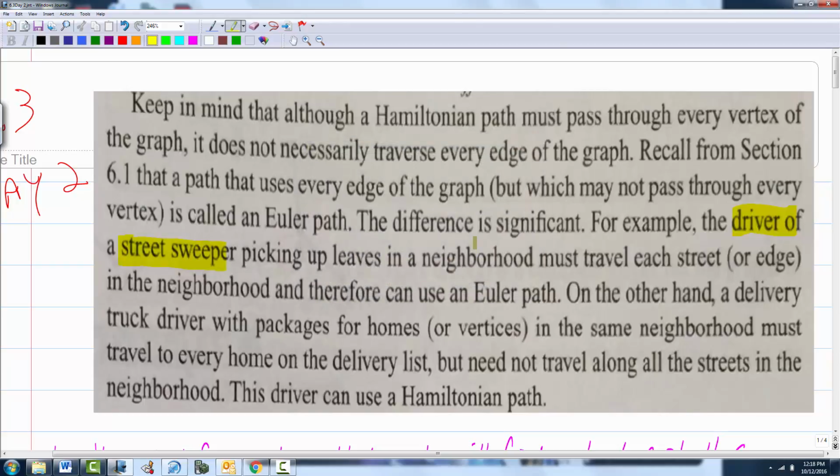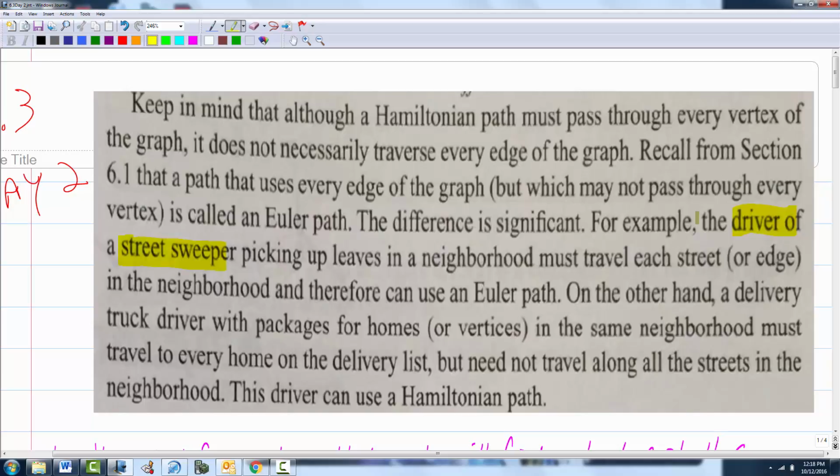Okay, so the driver of a street sweeper. What does the driver have to do? He has to sweep just a couple of the streets or all the streets? All the streets. So if we have a connection of different areas and those connections are roads, the street sweeper needs to hit all those roads.